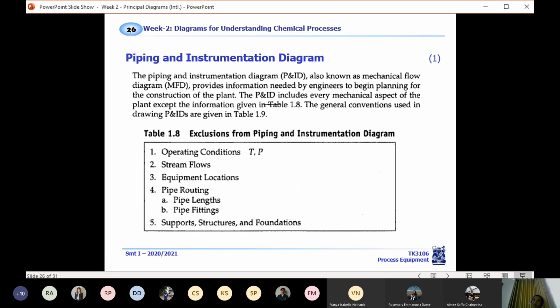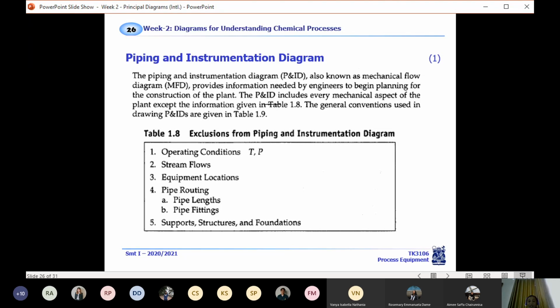One of the ways to communicate with the mechanical engineer is this diagram, the piping and instrumentation diagram. In the PID, you will not find any more data related to the process, but you will have the general information related to the equipment.